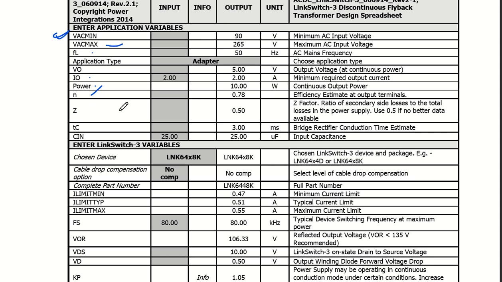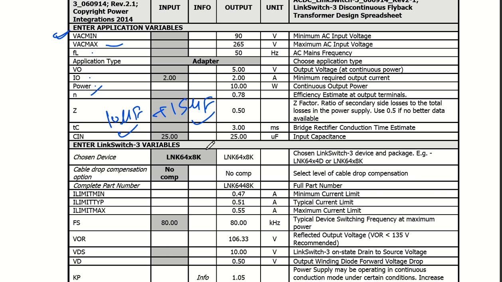Now the Z factor and all these things will be automatically done, so you don't have to worry much. Now the input capacitance was 25 microfarad, so that's the reason they had taken 10 microfarad plus 15 microfarad, two capacitors, and in between there was one pi filter. If you want to remove the pi filter, you can directly take only one capacitor of 22 microfarad rating, or maybe 33 microfarad rating.